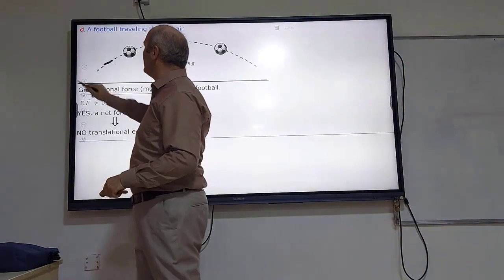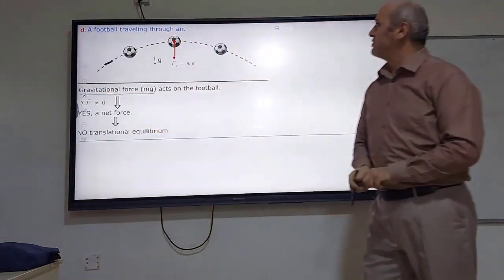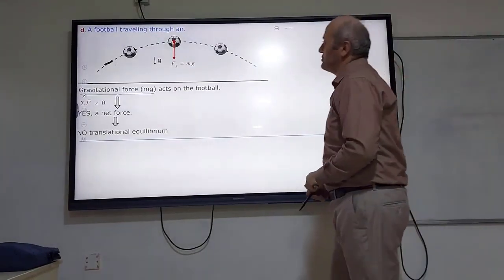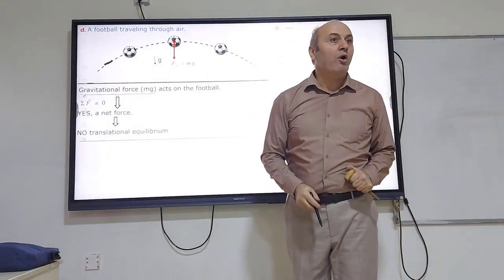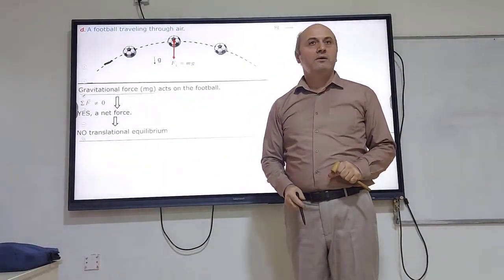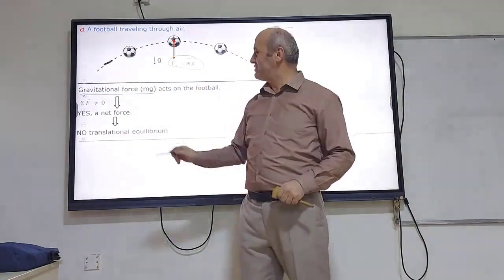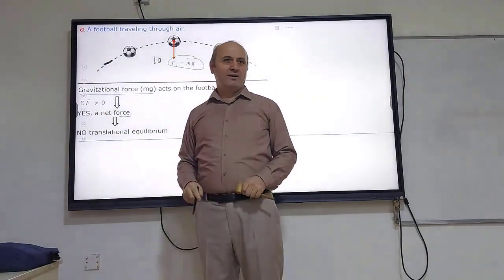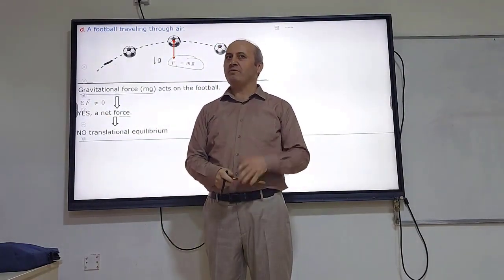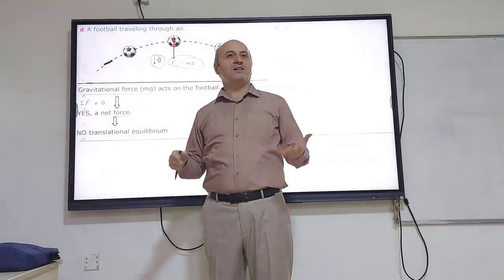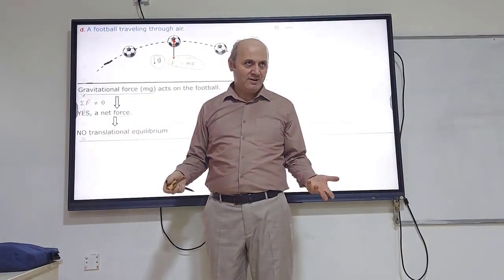And the last example was this. A football traveling through air. When we throw a football up into the air, which equilibrium holds, which one does not? First, there is a net force. Net force is a yes, so translational equilibrium is a no. Free fall acceleration, linear acceleration is a yes.